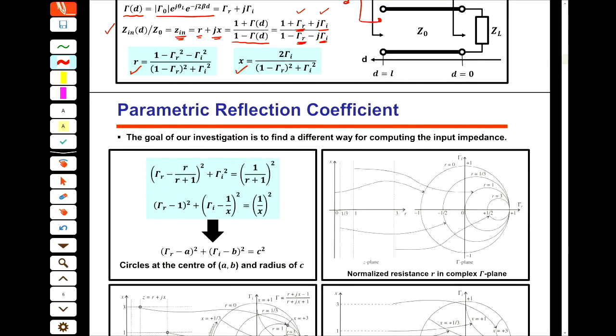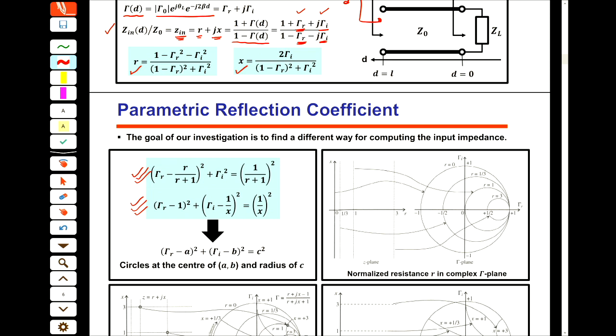Then based on these two equations that I have, I can write down this equation or this equation in such a way that the first equation is just dependent on R and the second equation is just dependent on X. Okay, I have two equations.